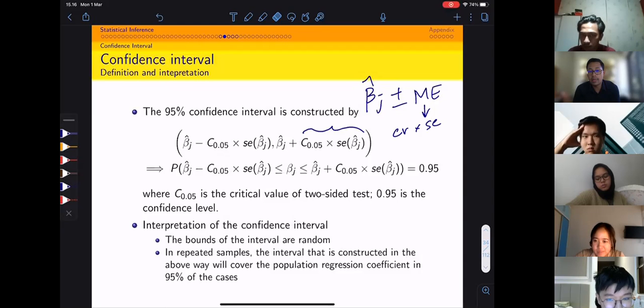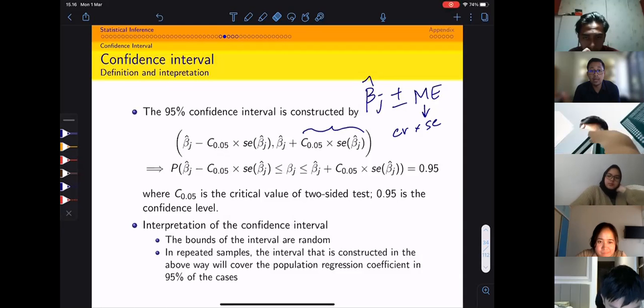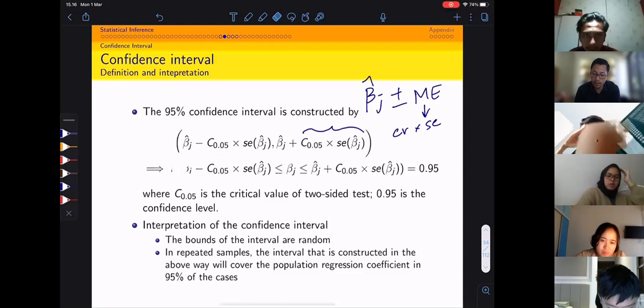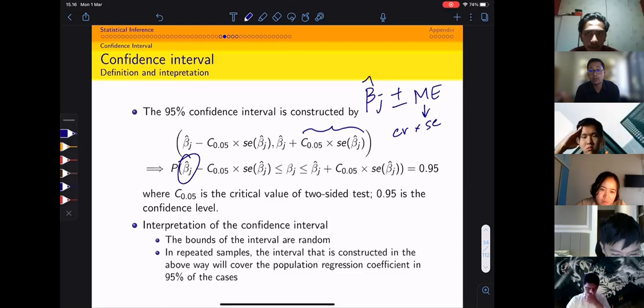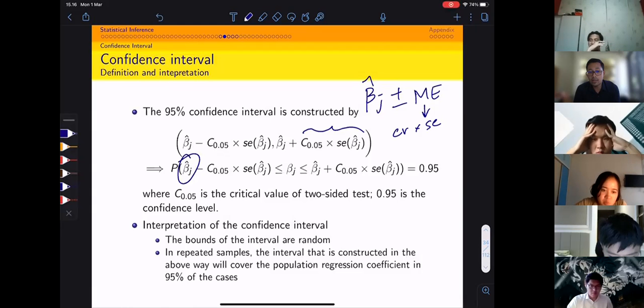Basically, the bounds of the interval are going to be random. It really depends on the sample, since if you have a different sample, then the interval is going to be different. The second is that in repeated samples, the interval constructed in this way will cover the population regression coefficient in 95% of the cases.